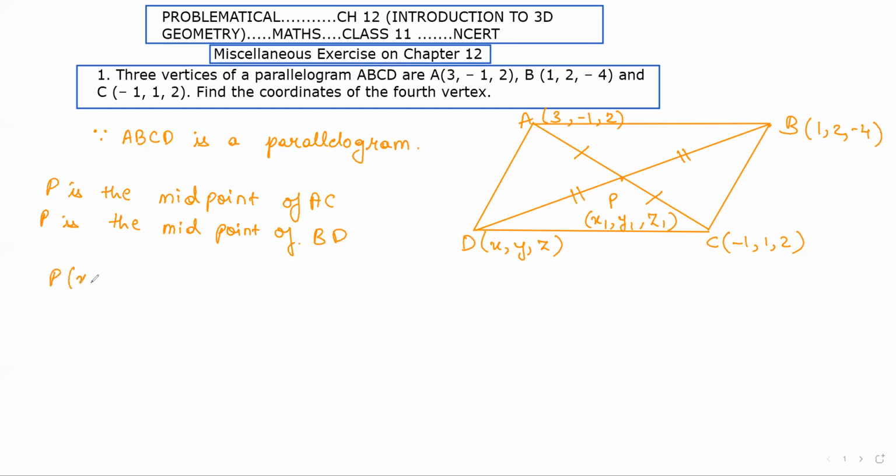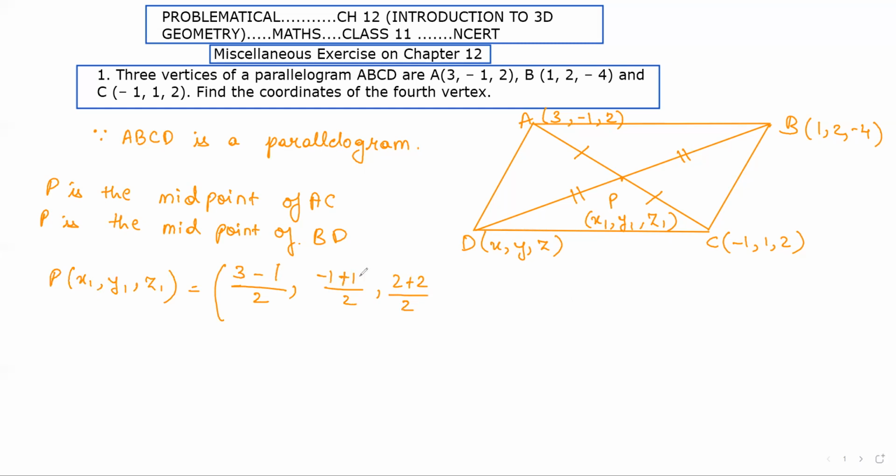Point P, X1, Y1, Z1, will be, by the midpoint theorem, the coordinates of A and C averaged. That means 3 plus -1, which means 3 minus 1, divided by 2, then -1 divided by 2, 2 plus 2 divided by 2.